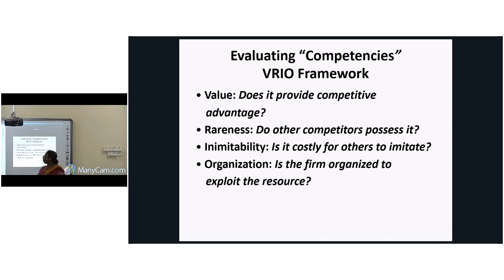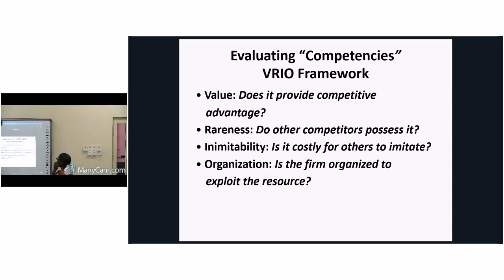So, evaluating competencies in VRIO metrics. That is a mechanism to evaluate your competencies. Competencies are a collection of capabilities. So how do you evaluate your competencies in your corporation?